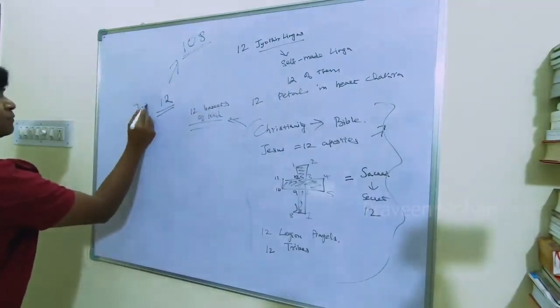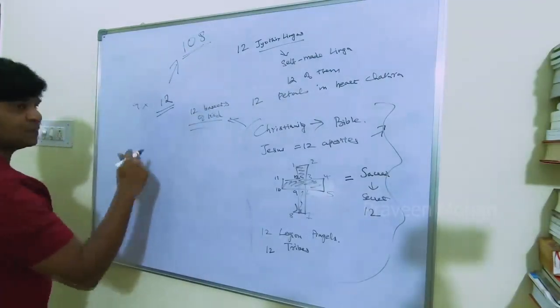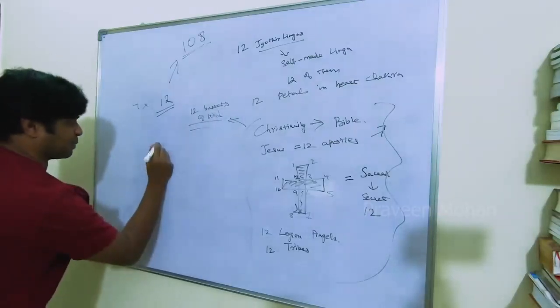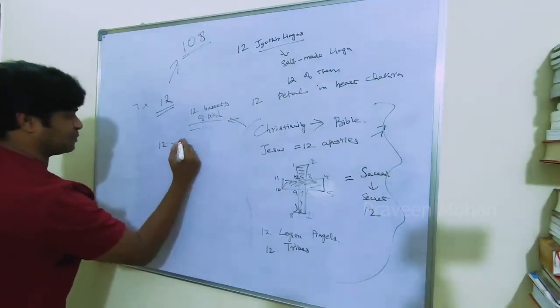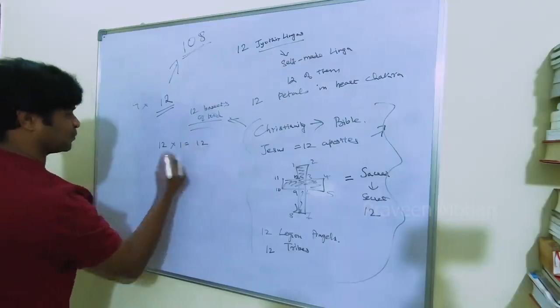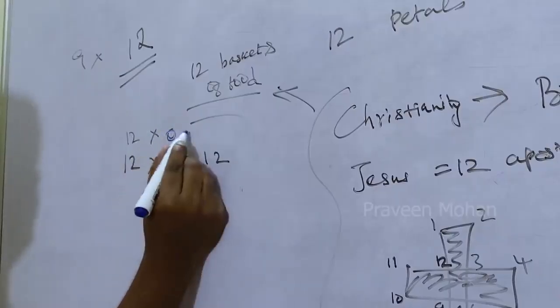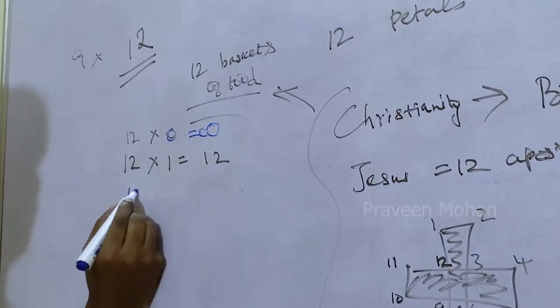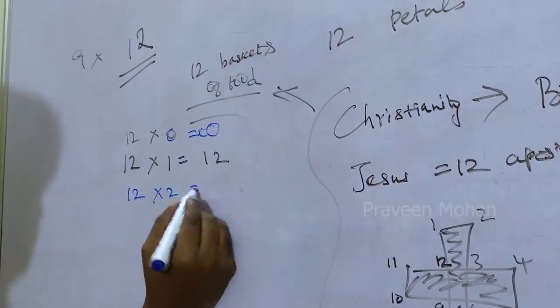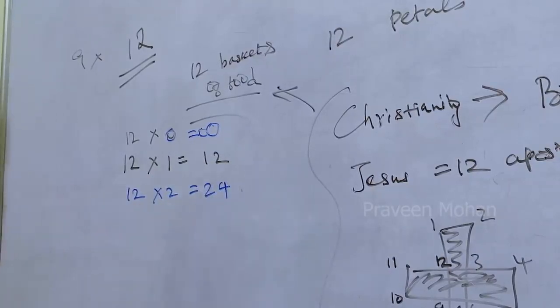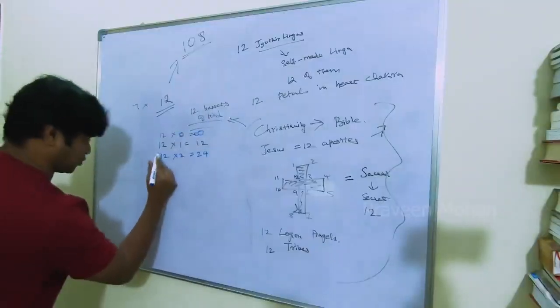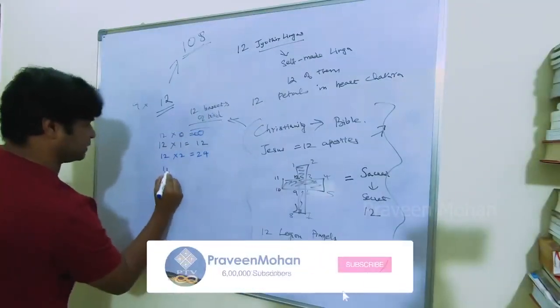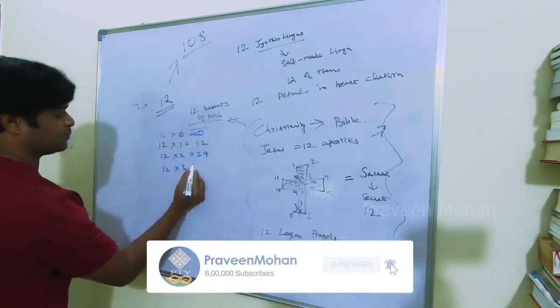Remember, 9 times 12. And the number 12 has the weirdest properties, right? Remember, we used to write the 12 tables. So 12 times 0, this is 0. 12 times 1, that's 12. 12 times 2, 24. Suddenly you recognize a pattern and you start doing like 12 times 3.